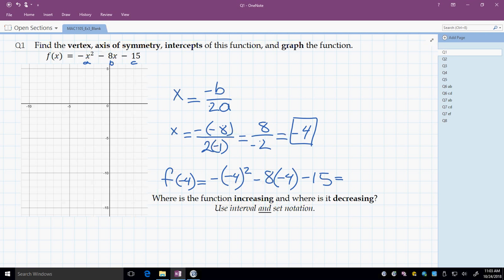One. That's right. So y is going to be 1. How do we write the vertex? The vertex should be given as a point. So my x is negative 4, comma 1 for the y.